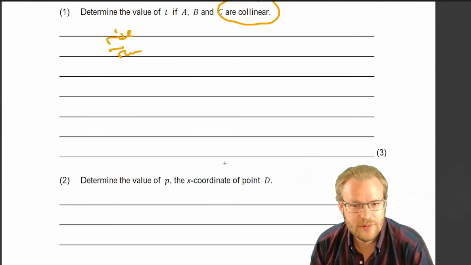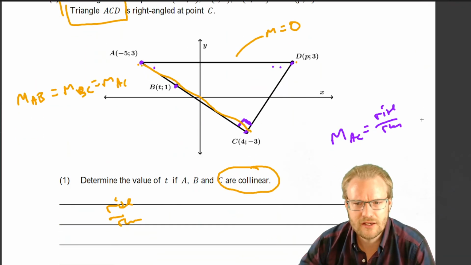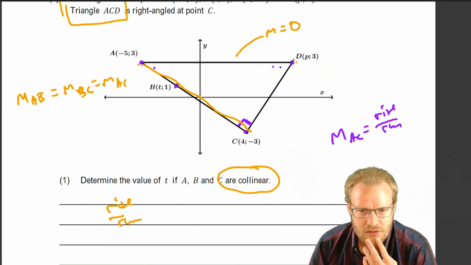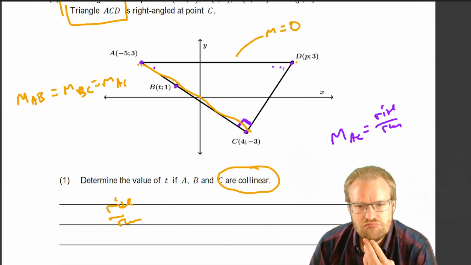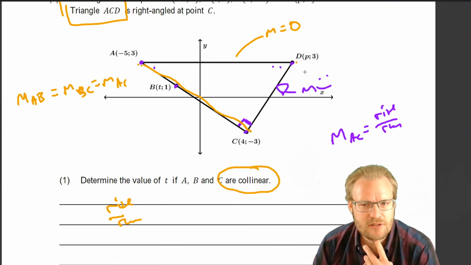Determine the value of P, the x-coordinate of point D. Okay, so what's our thinking for this one? It's not like we've got this distance or anything. We do know that we can work out this gradient here as well. So M, we know what it is.